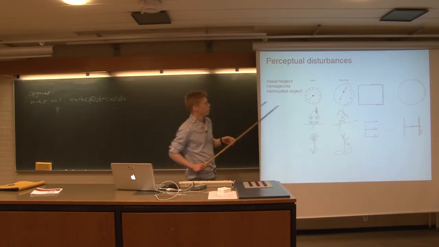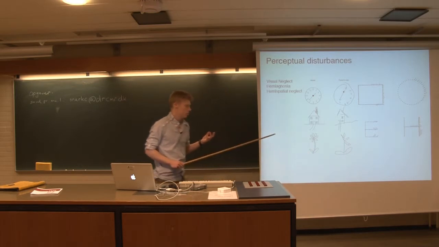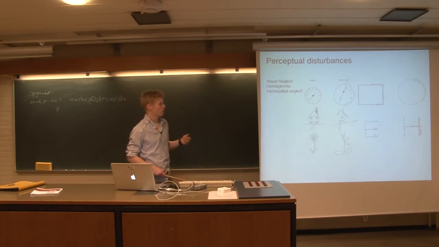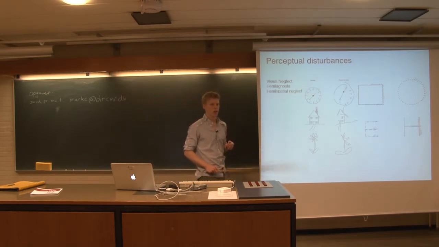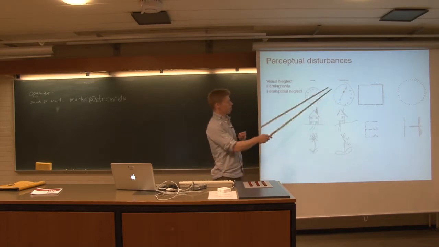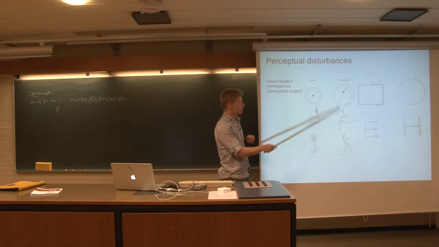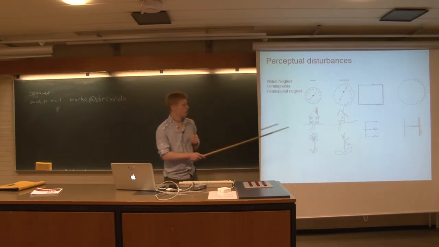And the way it's experienced, or you can test for it, is that, for instance, you present a model of something that the subject has to draw, and then you ask the patient to draw these images, and you will see that they seem to neglect all the left parts of these images.